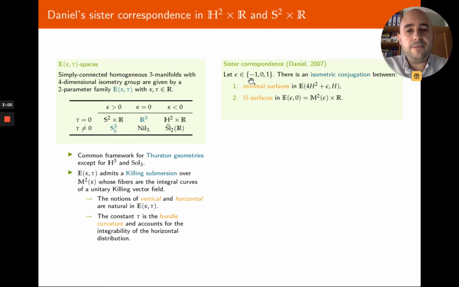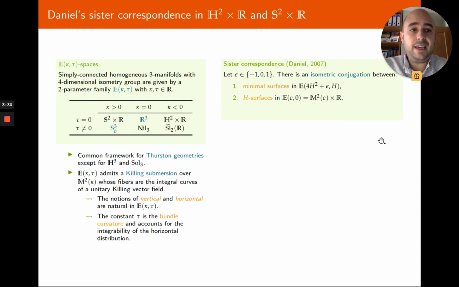If I fix a constant ε, which is just the sign, -1, 0, or 1, then there is an isometric conjugation between minimal surfaces in one of the E(κ,τ) spaces with these parameters and constant mean curvature surfaces in this other space E(ε,0), which is a product space. Here I'm interested in the case ε equals 1.